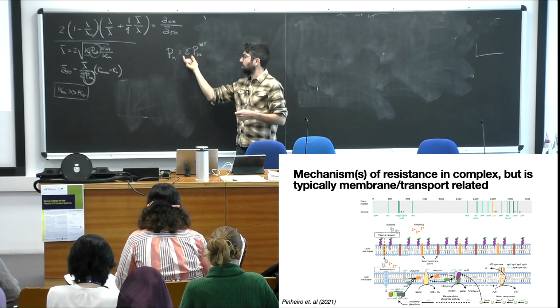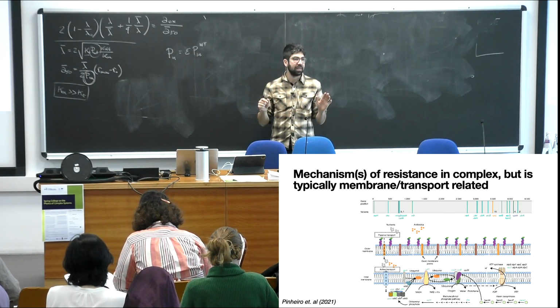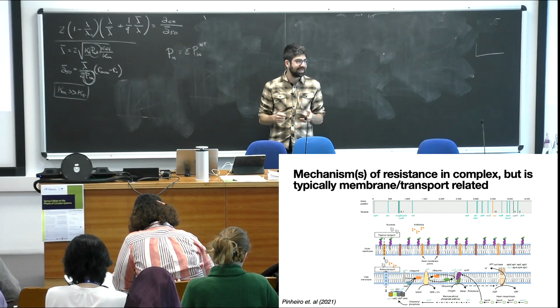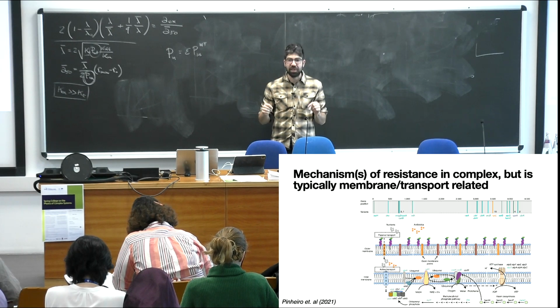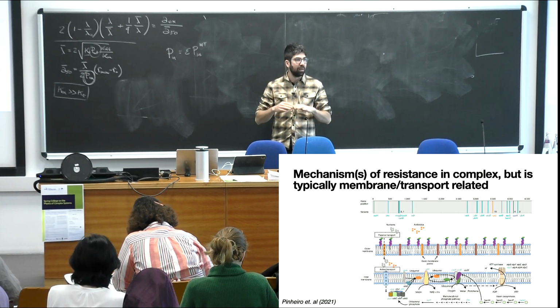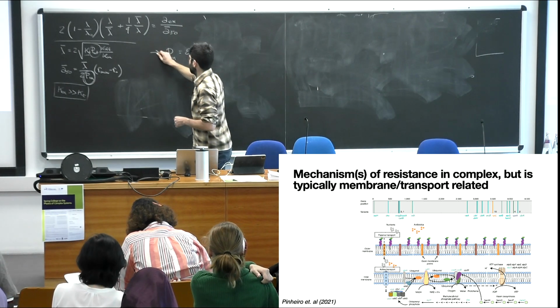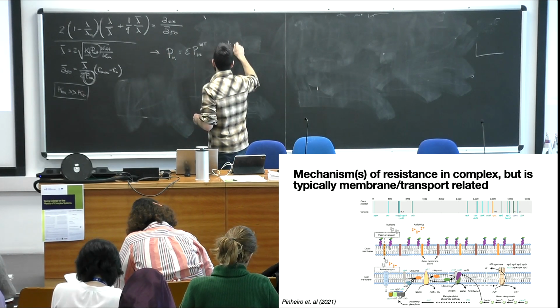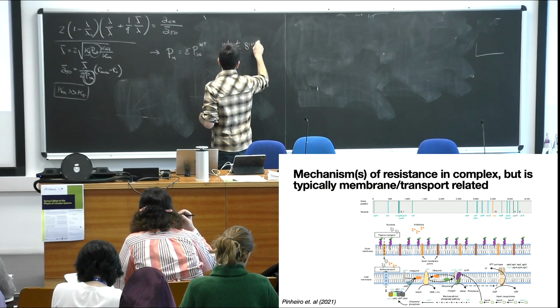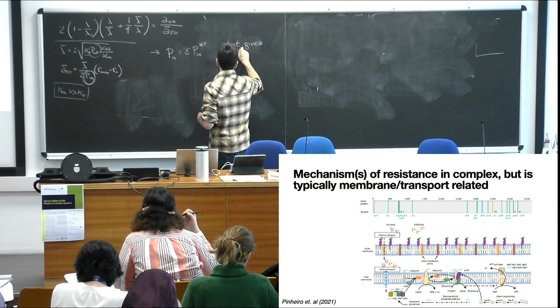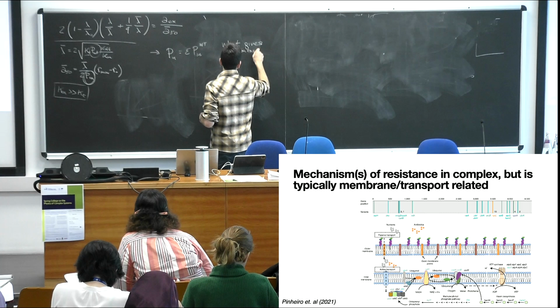Where this epsilon is a parameter that tells you the rescaling factor. Now, we don't know the value of epsilon. The value of epsilon will depend on the particular mutant and the concentration it evolved at. Okay? So this is what gives advantage to the mutant.